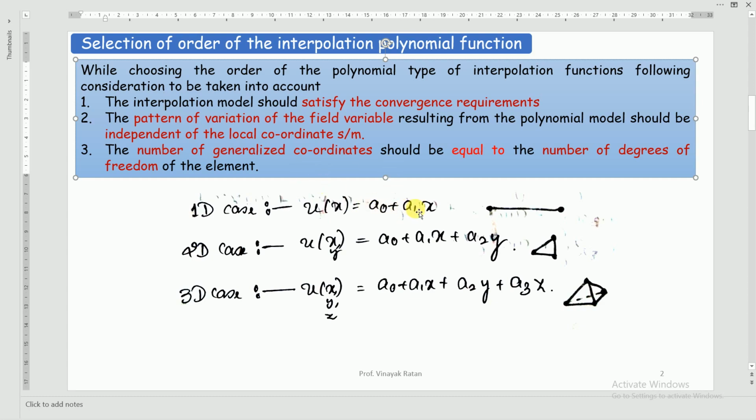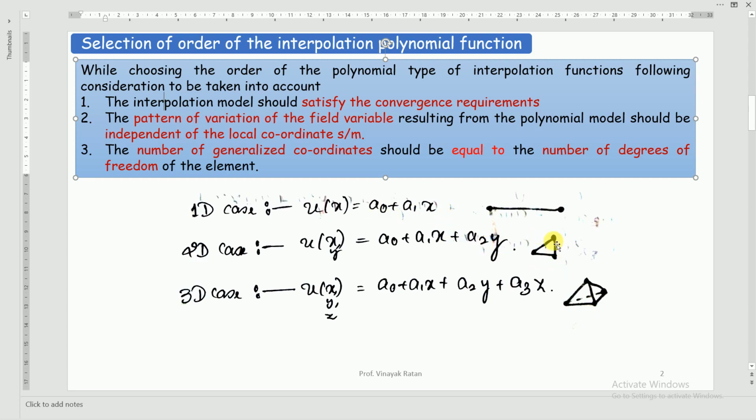The number of generalized coordinates depends on the number of degrees of freedom of the element, and also on the number of nodes. Now how many nodes are there for this 1D case? 2 nodes. So how many generalized coordinates? 2 generalized coordinates. Also we are considering 1 degree of freedom per node. So there are only 2 generalized coordinates in the 1D case.